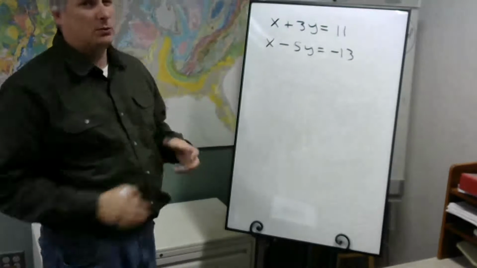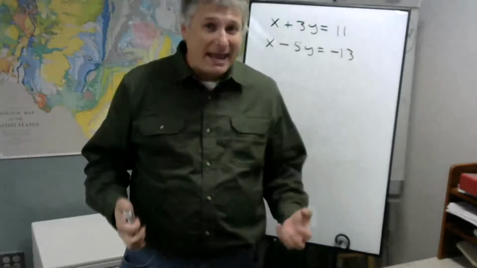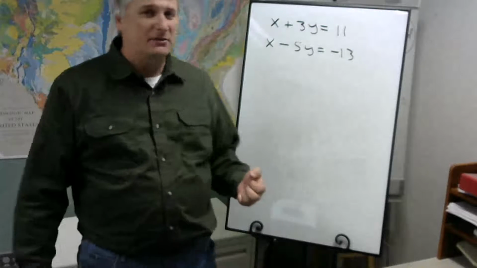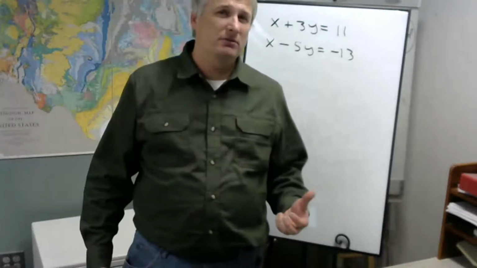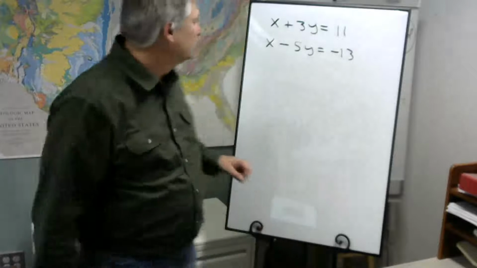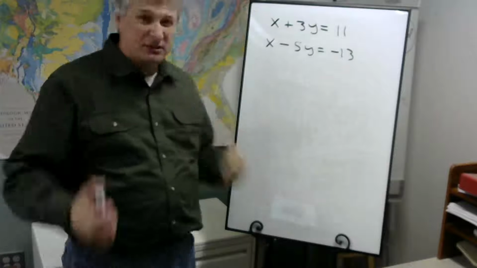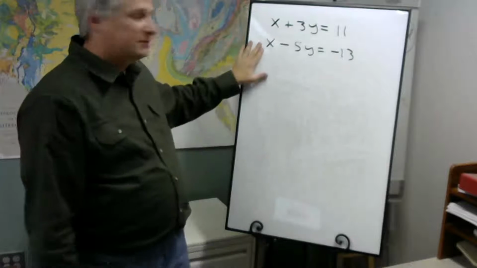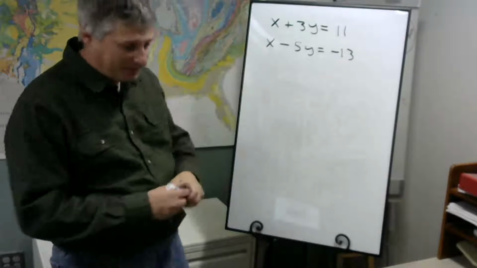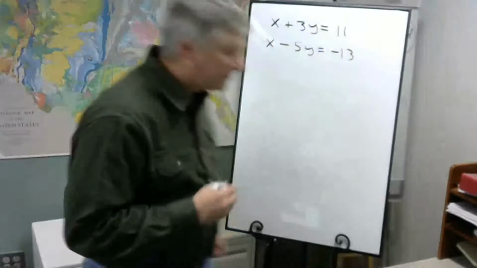And so what we want to do is come up with an x value and a y value that satisfies not just one of these equations, but both of them. So there's an x and a y value that will satisfy this equation, and those same values are going to satisfy this equation also. So let's say we try this.